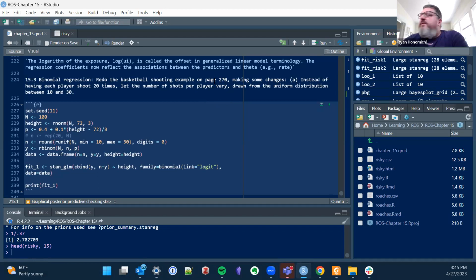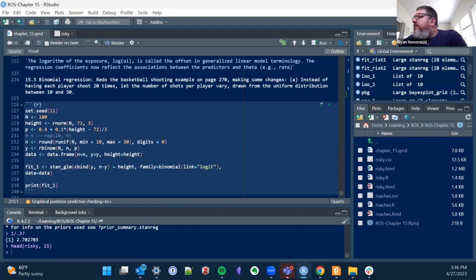So on page 7 or 270, basically what they wanted to do was, if you hold on, look at it here. We want to simulate 100 players, each shooting 20 times, where the probability is a linear function of height.